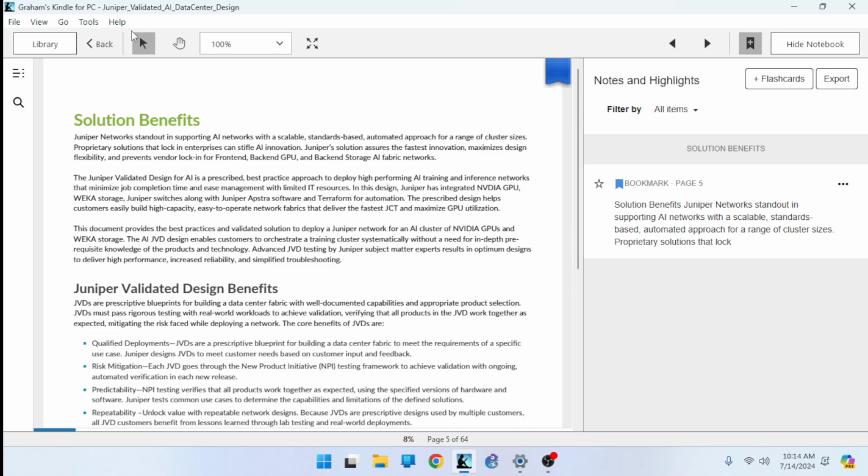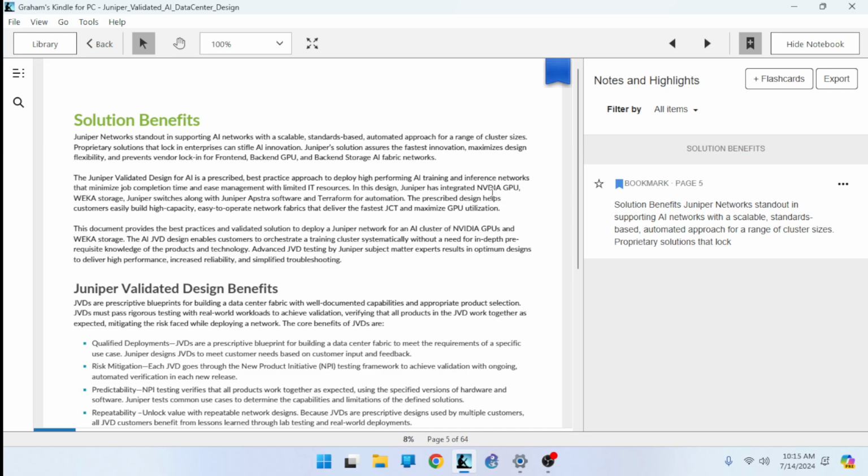The prescribed design helps customers very easily build high capacity, easy to operate network fabrics that deliver the fastest JCT. Well, what is that? And maximize graphical processing unit, GPU utilization. All right, so let's finish this section and then learn about JCT.